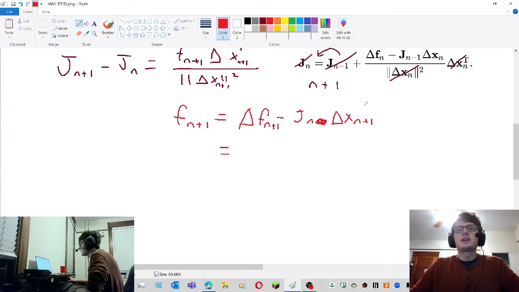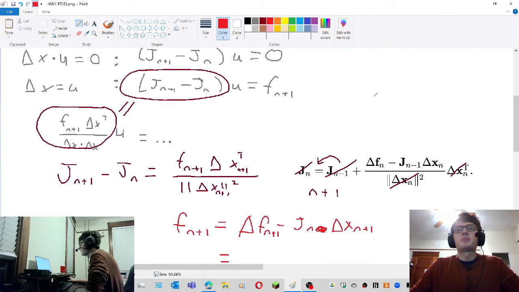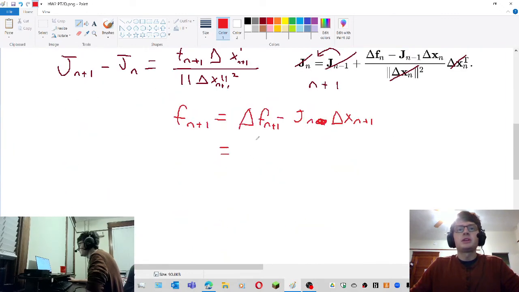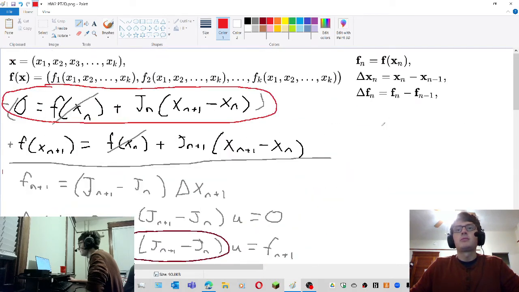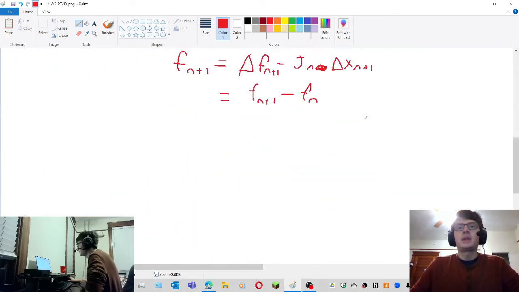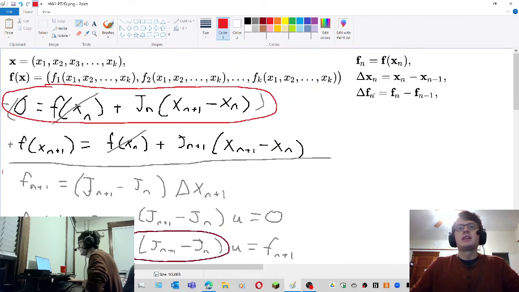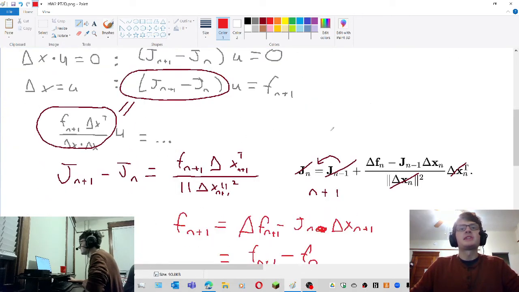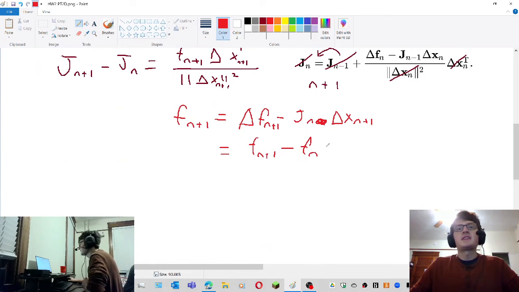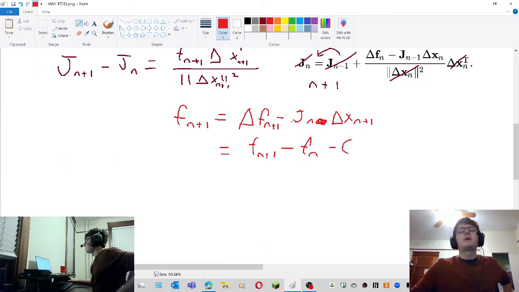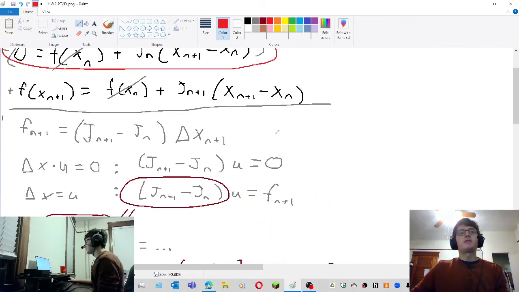But we can expand this delta f_{n+1} to be f of n plus 1 minus f of n, right? It's just whatever n plus 1 is minus n. So I can expand that to be that. And then I can say that that is going to be minus, well, it's negative the Jacobian evaluated at x equals n times the difference between the values of x.